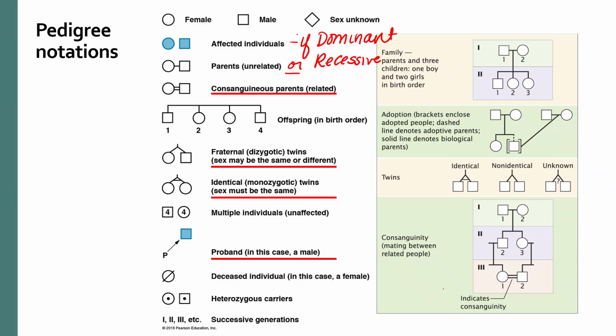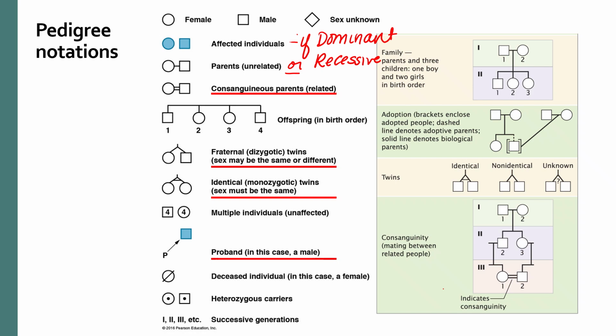And so we talk about the recessives more frequently. Affected also does not have to be a disease. It could just mean that they have a particular trait that they are displaying. So it doesn't have to be a disease or a negative trait. It doesn't have to be a mutation.